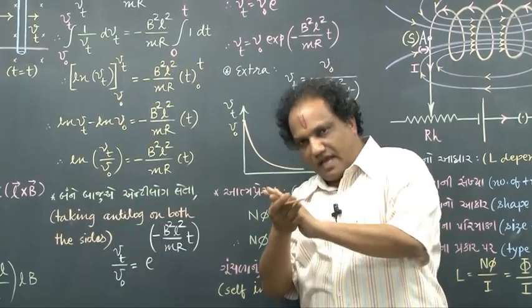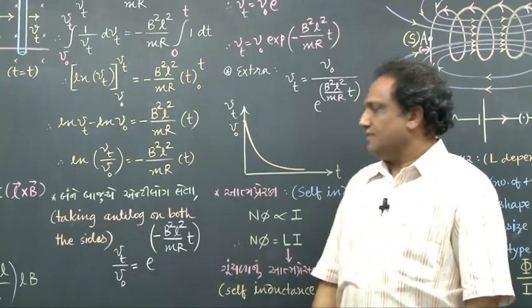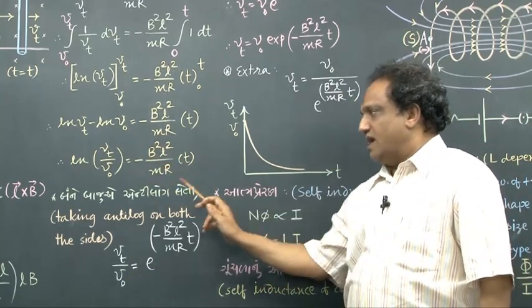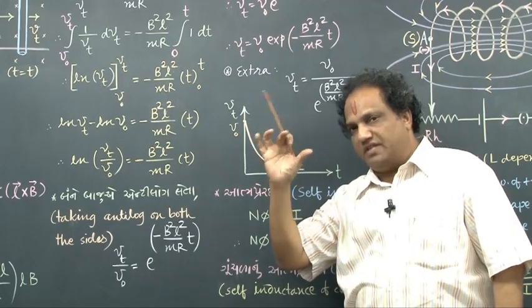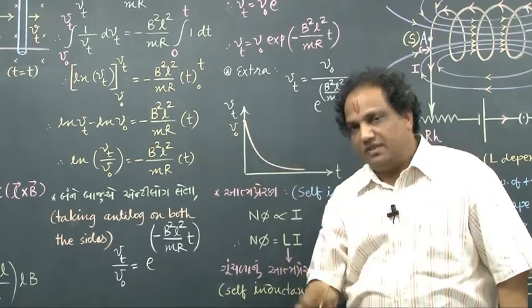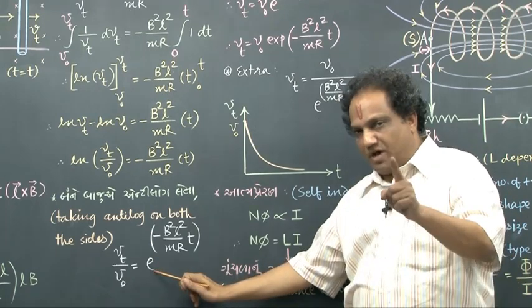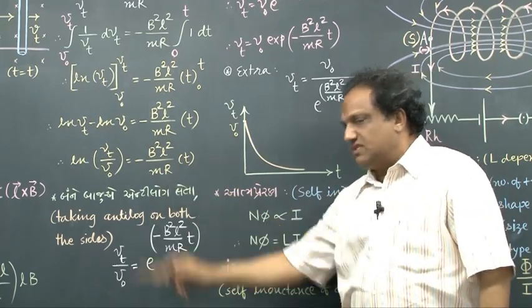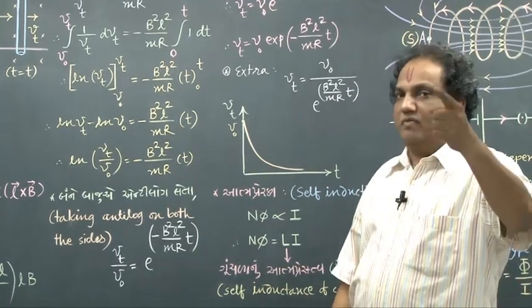Anti-log and log will cancel, giving you Vt upon V0. And when you take anti-log of this part, you are supposed to write this whole part in the power, in the index of e. The base should be e. Remember, anti-log of x is e raised to x, anti-log of y is e raised to y.